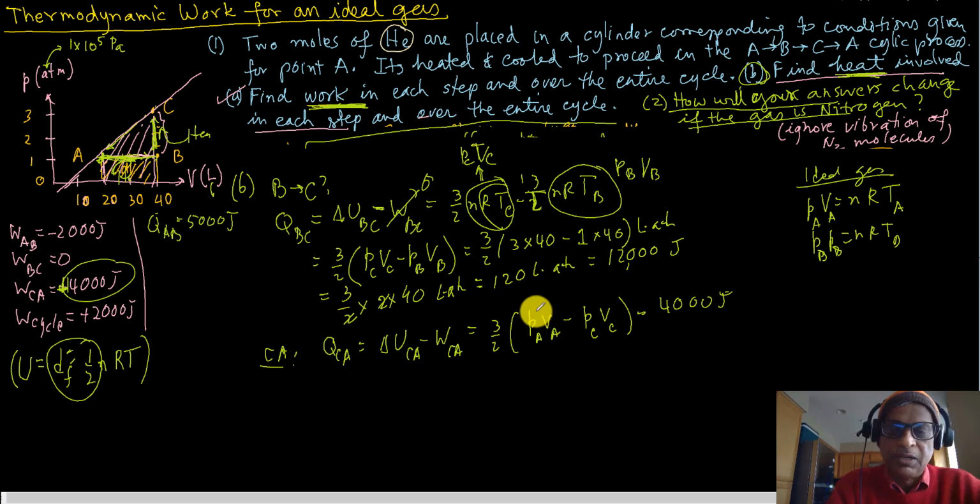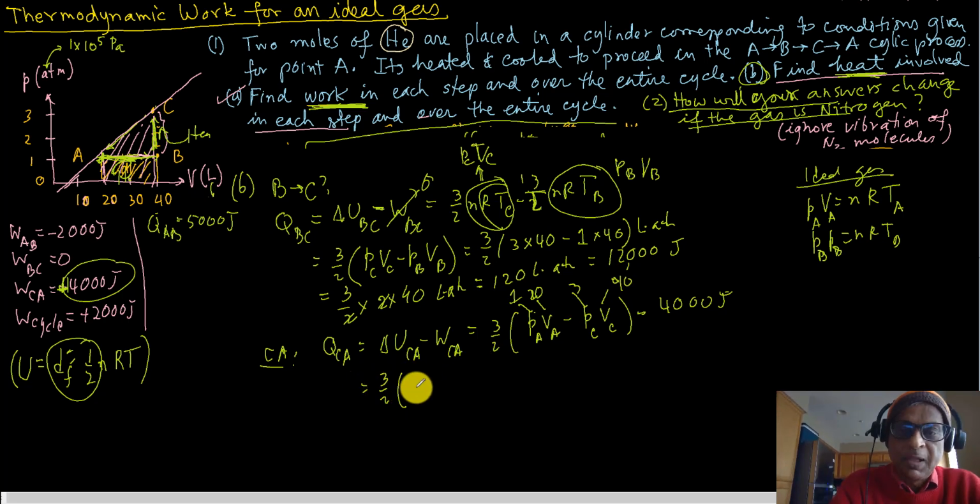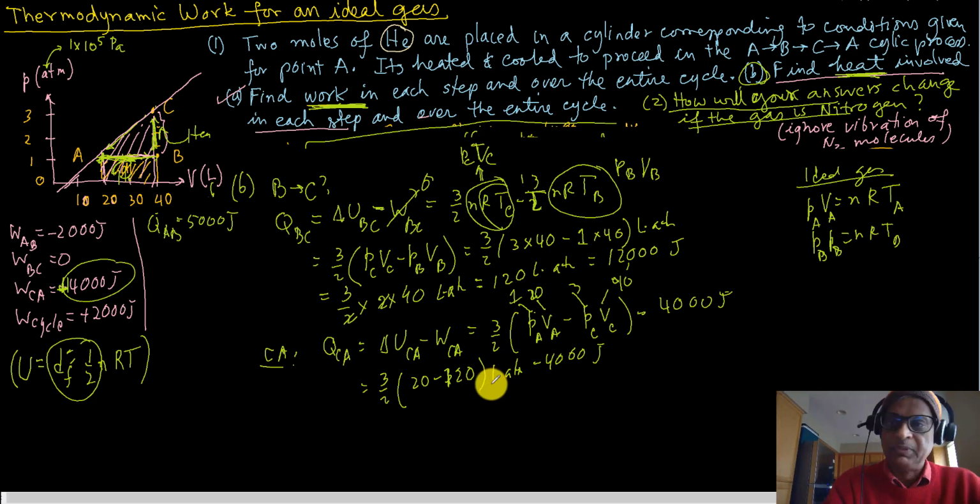Now PA is 1 atmosphere and VA is 20, and PC is 3 atmosphere, and VC is 40. So this is 3/2 times 20 minus 120 liter atmosphere, minus 4,000 joules. So these are different units. We already know that I have to multiply by 100 to get to the joules.